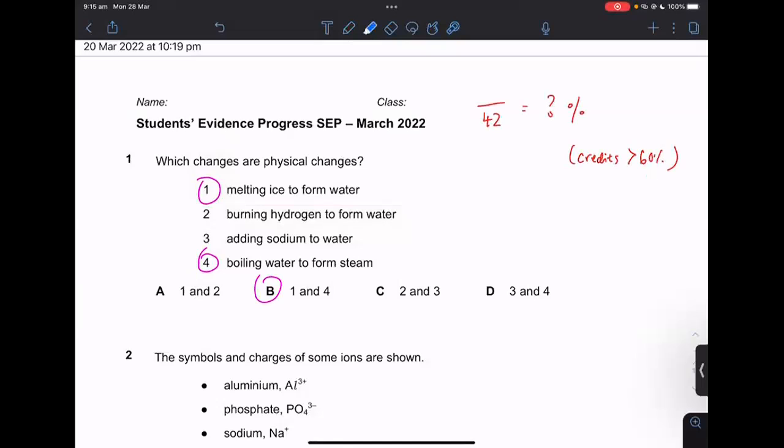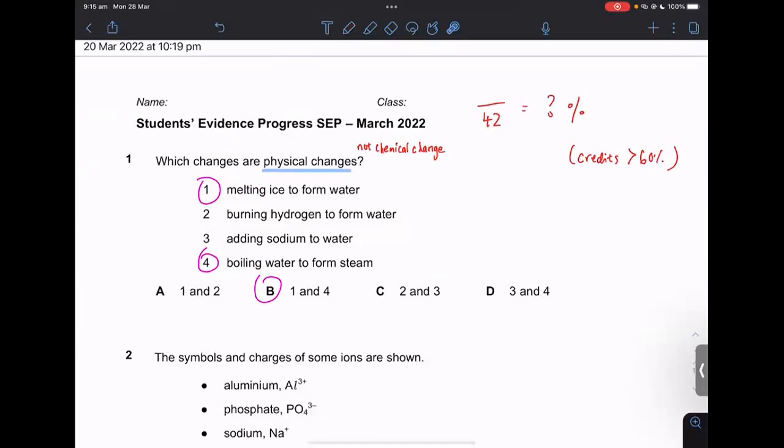Now, in this first question, you have physical changes. Physical changes mean not chemical change. So usually when we look at physical change, we just look at change of state such as melting or boiling.